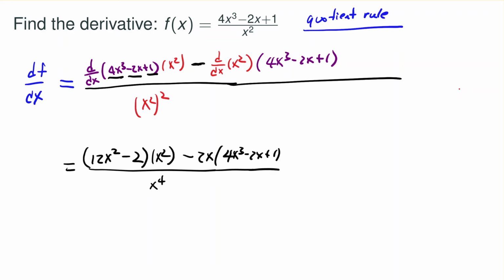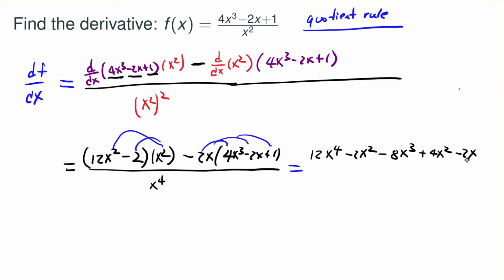Now we need to simplify. We can multiply x squared here, negative 2x here. Distribute. So we have 12x to the fourth minus 2x squared minus 8x cubed plus 4x squared minus 2x over x to the fourth.